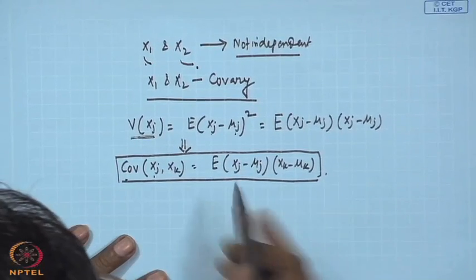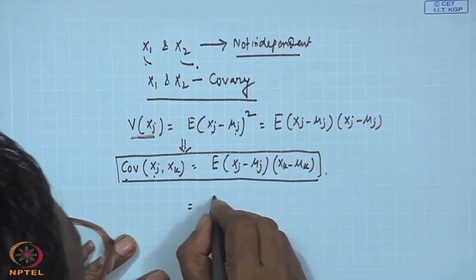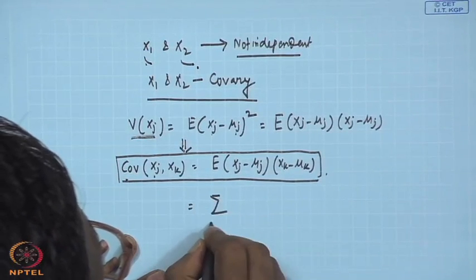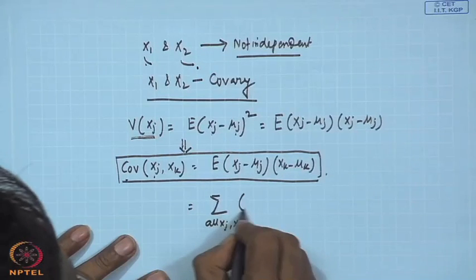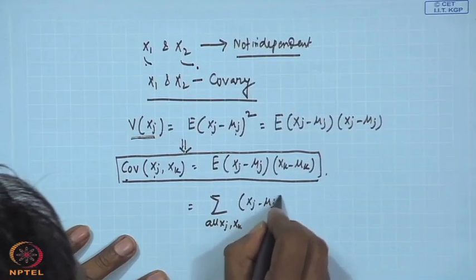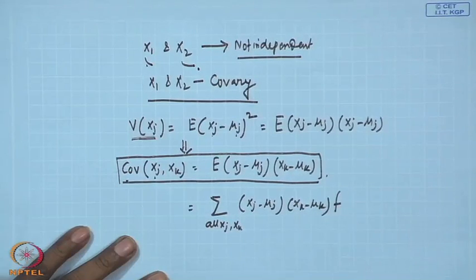So, in that case we can again write down the same formula, for all x j and x k, x j minus mu j, x k minus mu k. What will we write here for the probability density function?